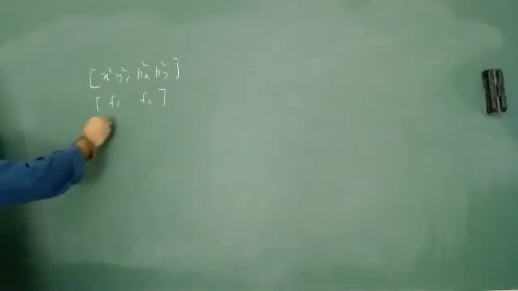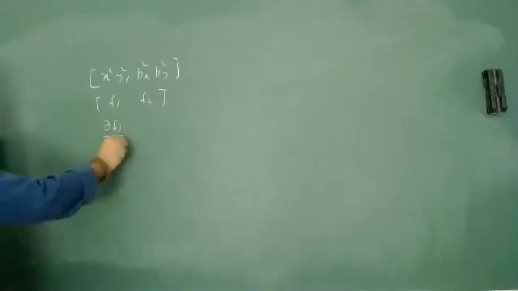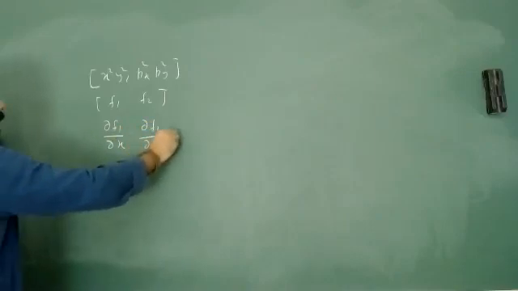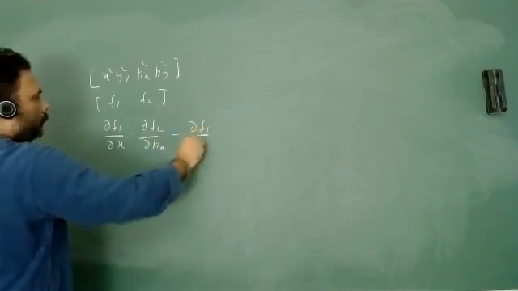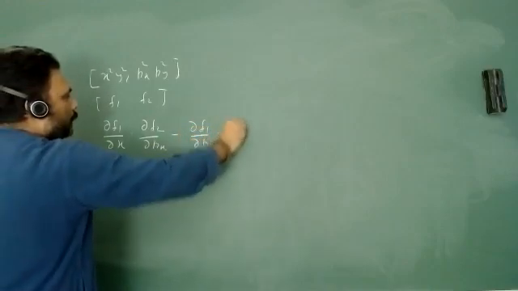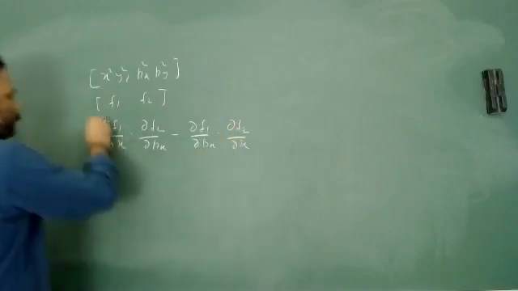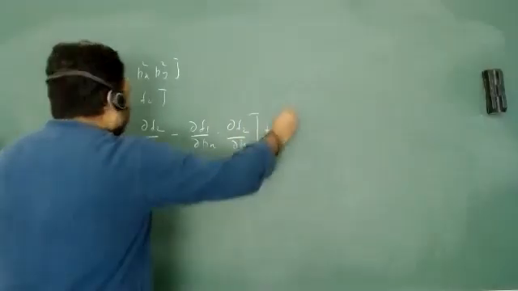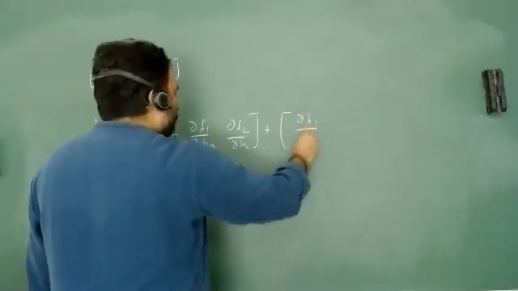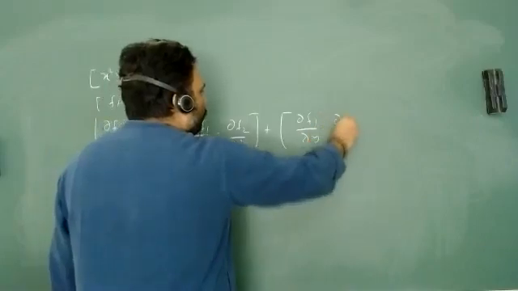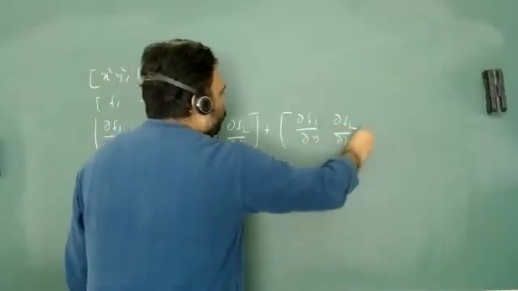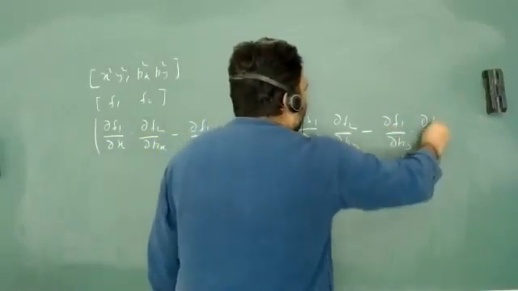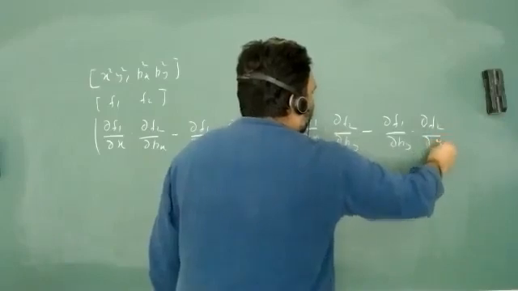It is very precious. We will just go for del f1 upon del x, del f2 upon del px, minus del f1 upon del px, del f2 upon del x. Similarly we go for del f1 upon del y, del f2 upon del py, minus del f1 upon del py, del f2 upon del y.